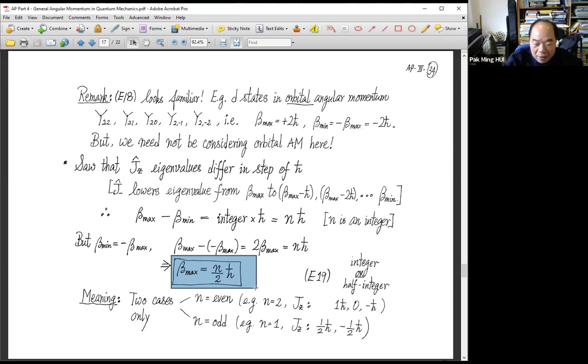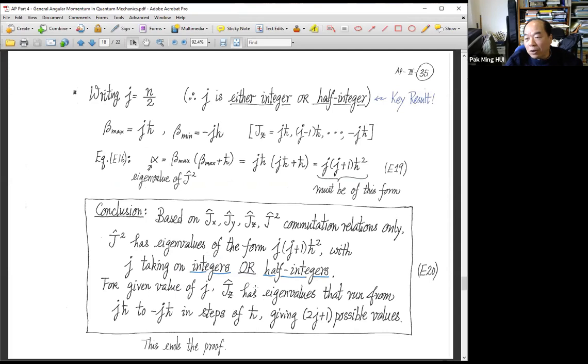Okay? So now we will switch to the proper notation. We will say the maximum value is J H bar. The minimum must be minus J H bar. J can be either integer, 0, 1, 2, 3, positive, or half integer, 1/2, 3/2, 5/2, etc. These two possibilities are allowed by the 6 commutation relations.